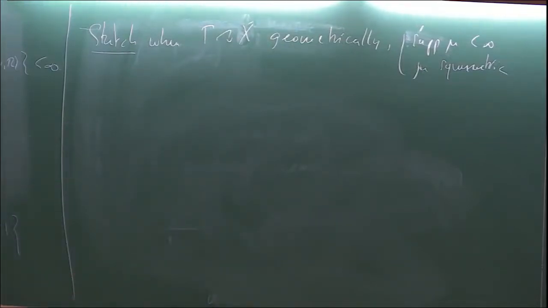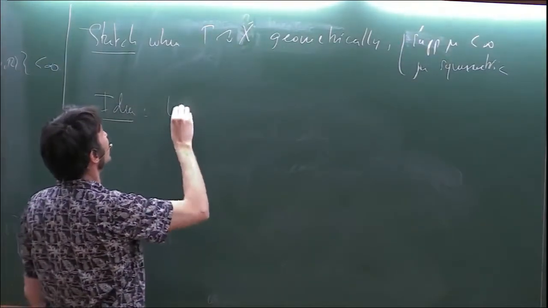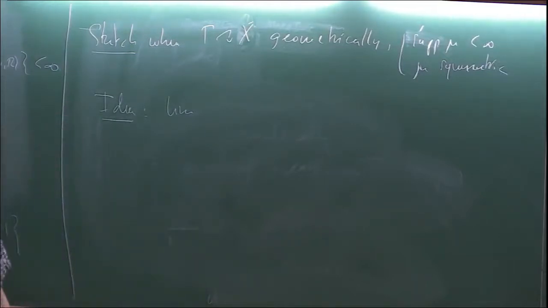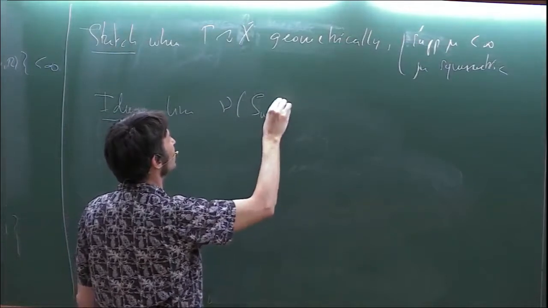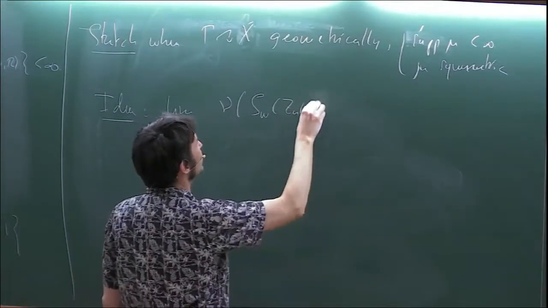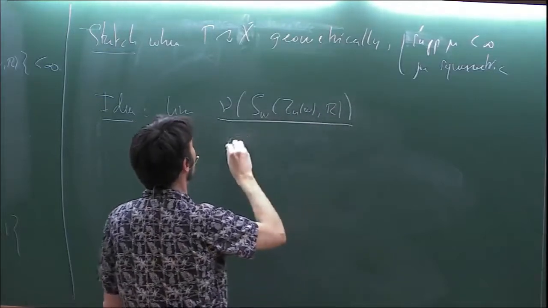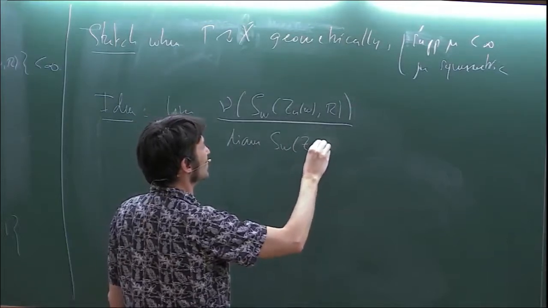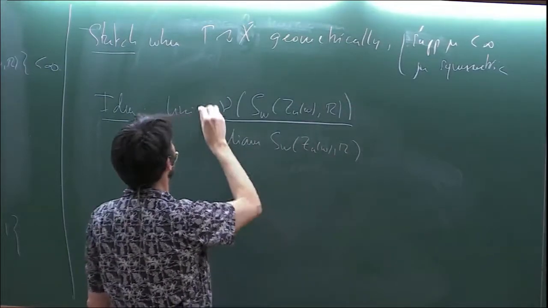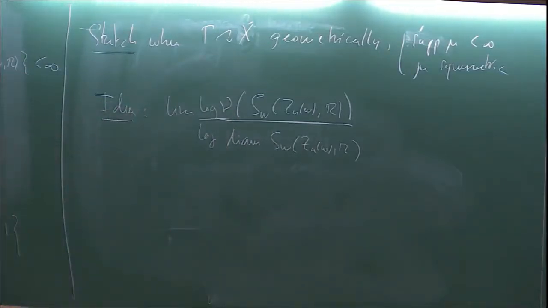So what we want to compute is this, right? And so the idea is to look at what's happening with shadows. So I want to compute the limit of the mass of the shadow seen from w of z_n w with some fixed radius R, over the diameter of the shadow. And then I need to take logs, because otherwise it's not the same formula that I obtain.